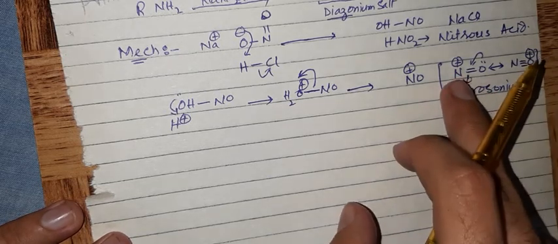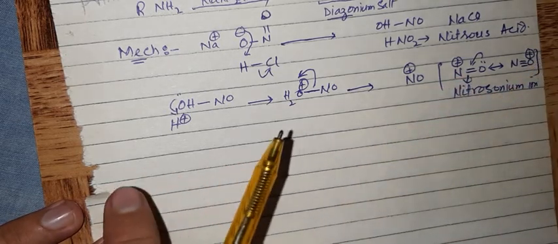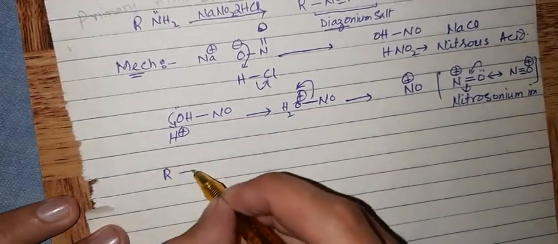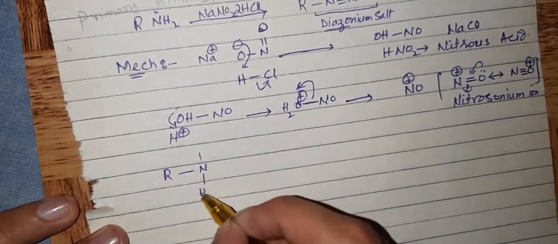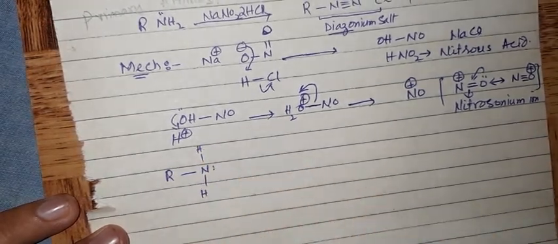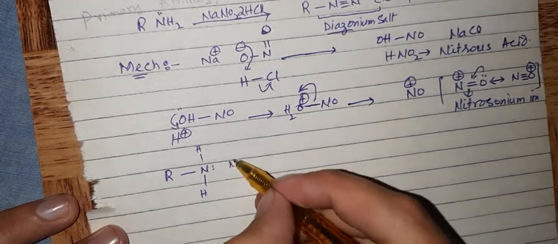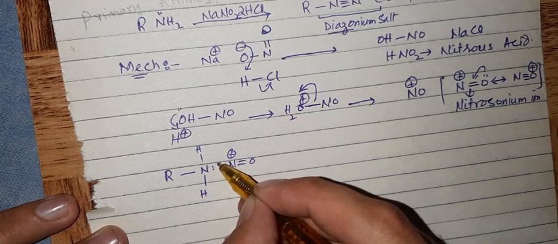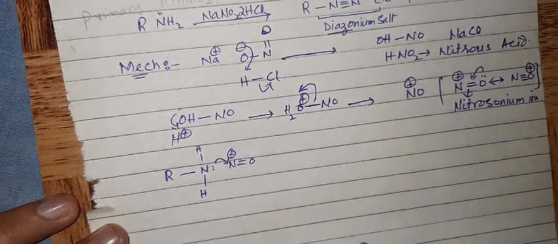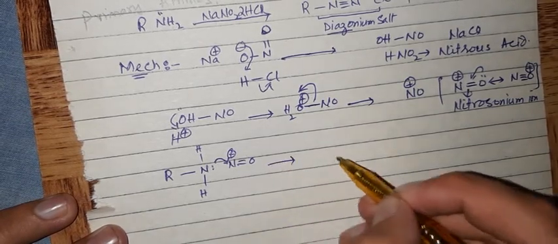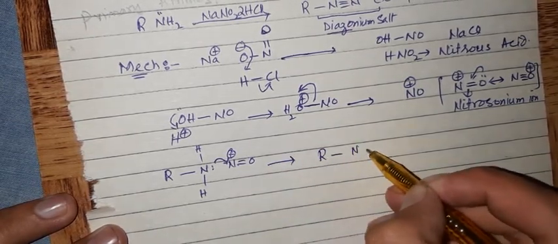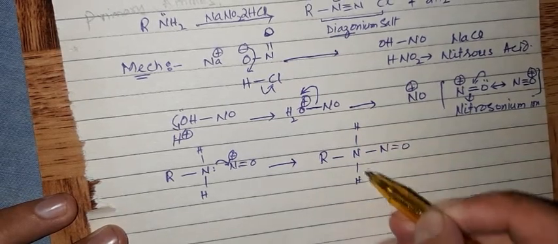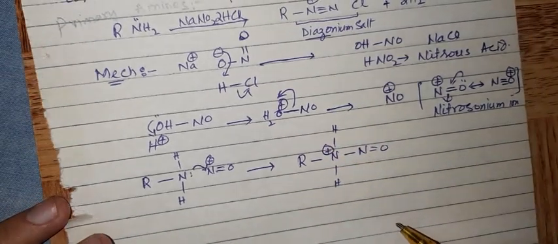This nitrosonium ion is attacked by the lone pair of amines. Now if we have an aromatic primary amine, we could write it like this: RNH2, and here we have our lone pair, and this is the nitrosonium ion with a positive charge. These electrons are shifted to the empty orbital of this nitrogen, and the resulting species is like this: R-NH2-N double bond O, while this nitrogen becomes positively charged.